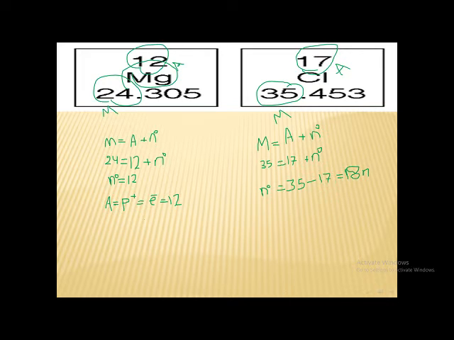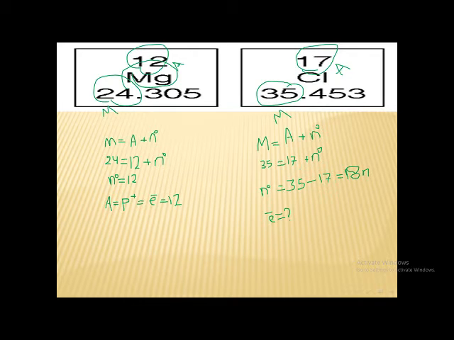What about the number of electrons? Here we want to find the number of electrons. Back here, we have our neutral atom. That means the number of protons and electrons is the same.